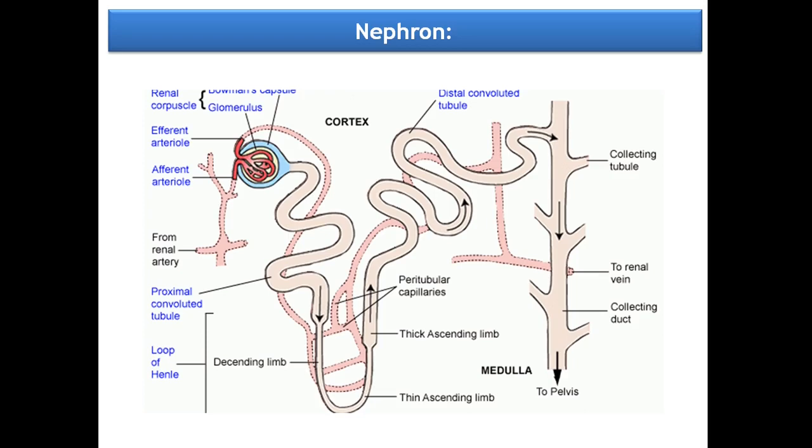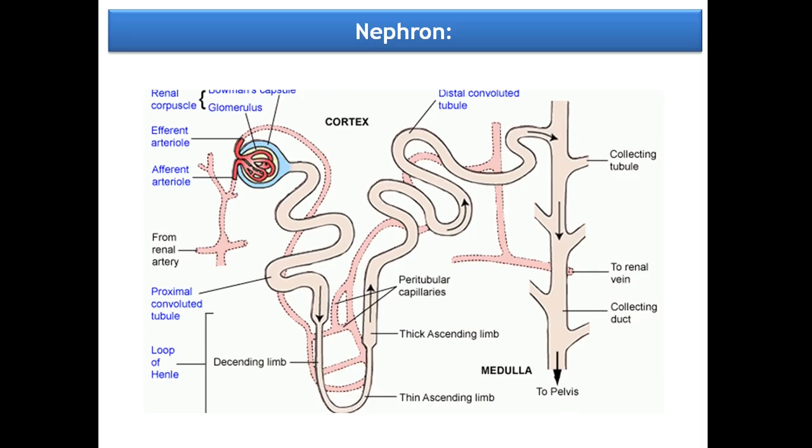The renal artery divides many times and forms the afferent arteriole. These afferent arterioles enter into the Bowman's capsule, form the glomerulus, and come out as the efferent arteriole.